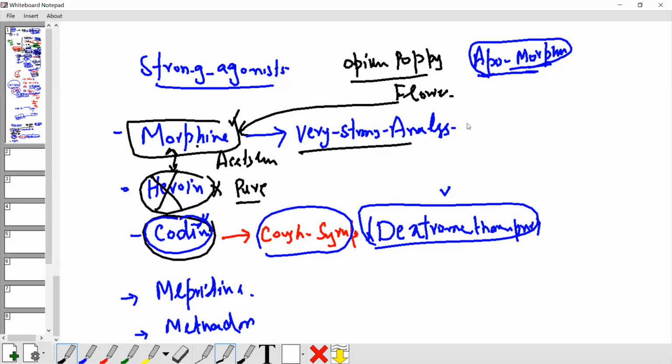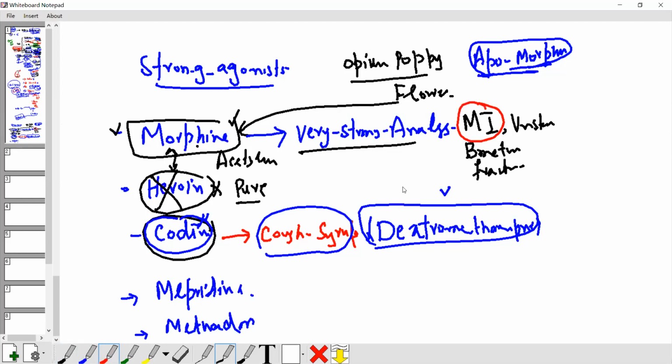When a patient comes to you with MI, with unstable angina, with bone tumor and bone pain, or with a fracture of bone, very severe pain. It's very strong. Morphine is the gold standard in MI.